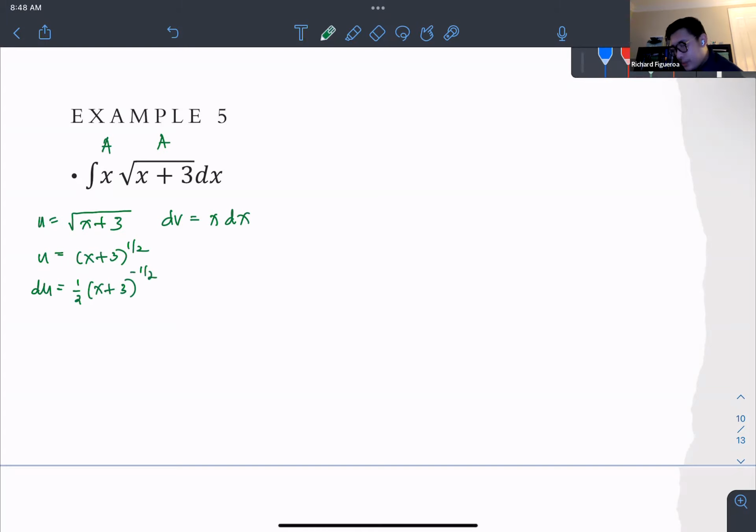And derivative ng x plus 3, that is dx. Tingnan lang natin if this is applicable. If it's not, baliktarin mo lang siya. So ang v natin, this will be integral ng x dx, that will be x squared all over 2. So again, we follow the formula: uv minus integral of v du.